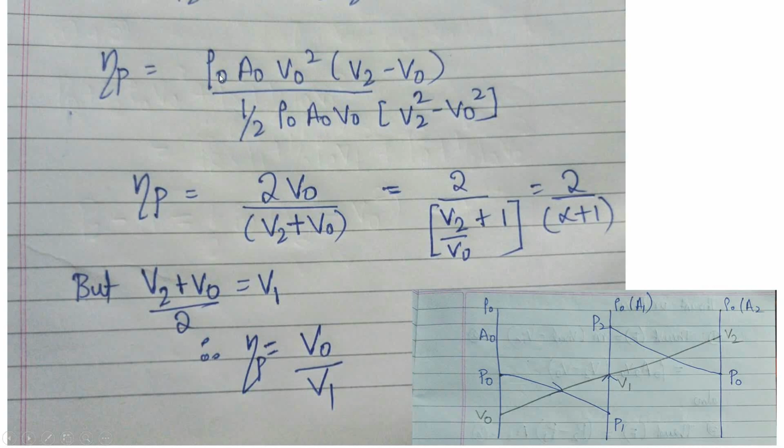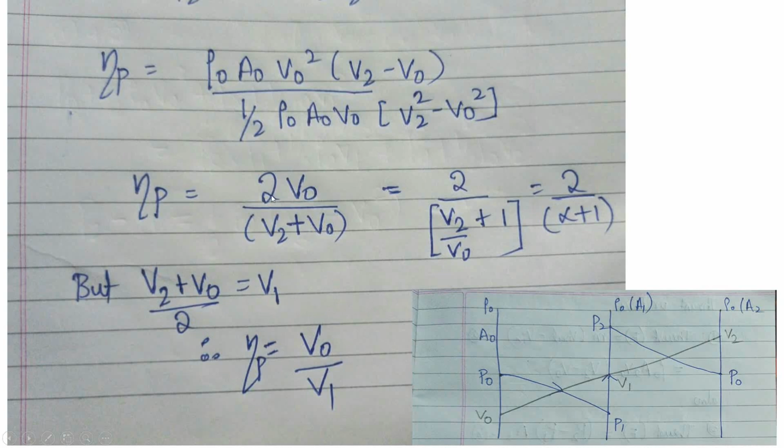So this half will go up to V0 divided by V2 plus V1. So that can be written as 2 by V2 minus V0 plus 1, and then 2 by, that is the velocity ratio alpha, plus 1. Okay, this is one form of writing it, but we also know V2 plus V0 by 2 is equal to V1, which I said the important result before.